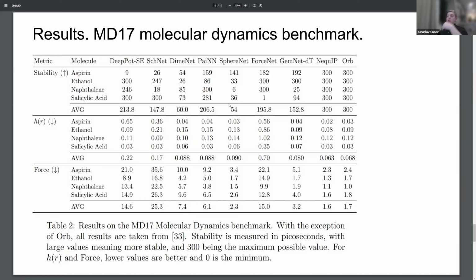And under different conditions, and these are some average values of those quantities, like stability. So the task is only about prediction for 300 picoseconds, as far as I remember, and the Orb performs well during all this limit of 300 picoseconds.